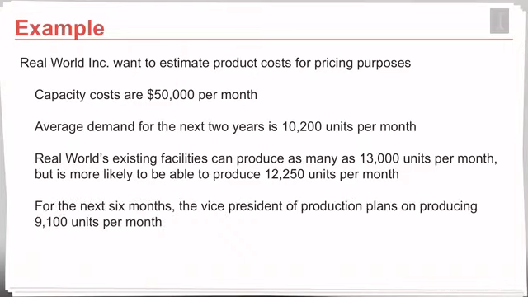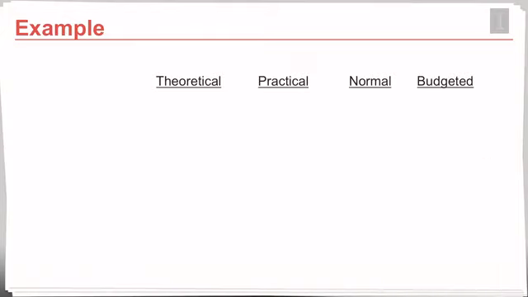And finally, we know for the next 6 months, the Vice President of Production plans on producing 9,100 units per month. That sounds like a demand-based measure of capacity and the budgeted one. Now, managers can adopt many perspectives: theoretical, practical, normal, and budgeted. The starting point is capacity costs.